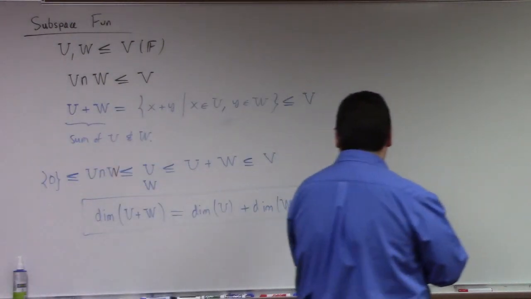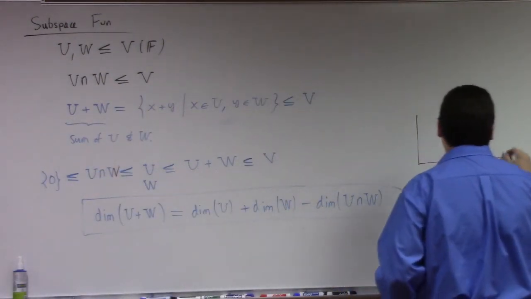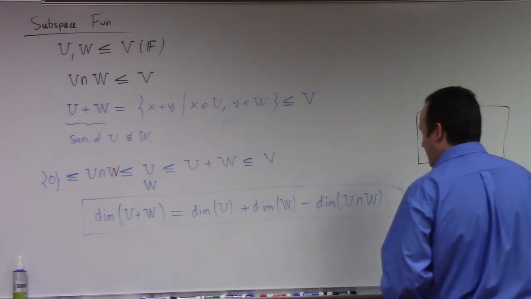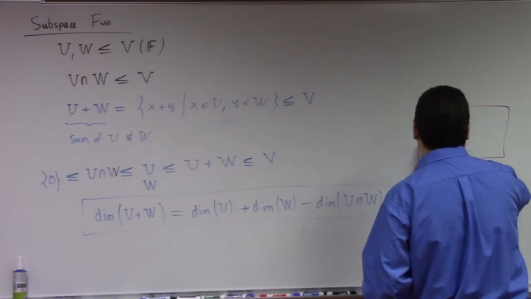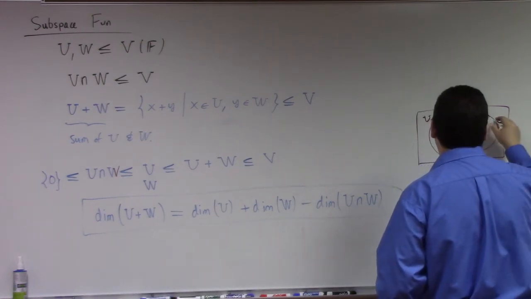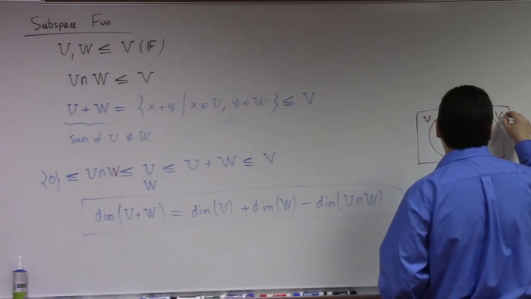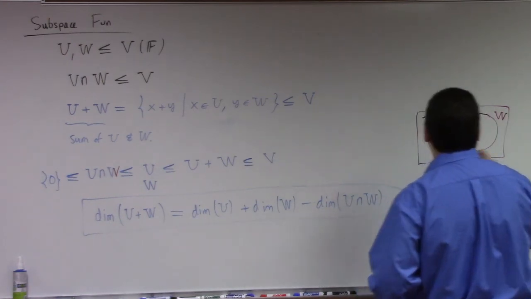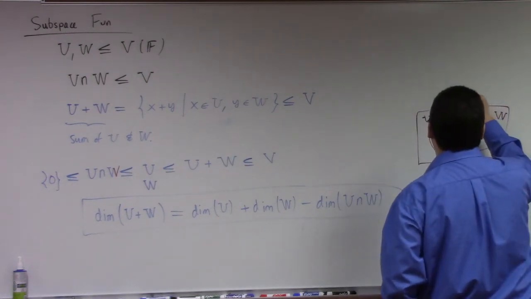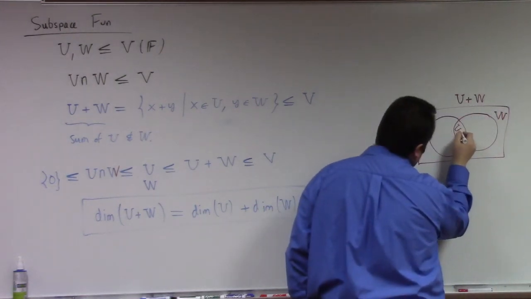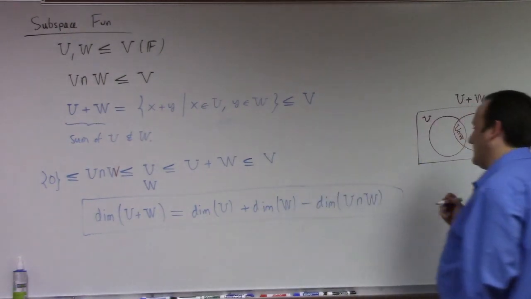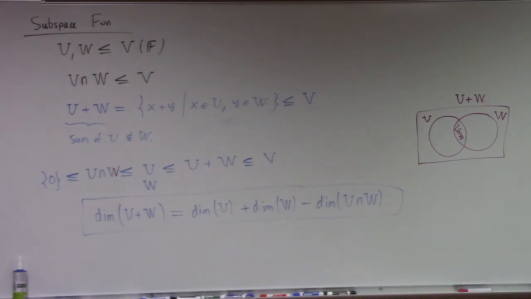You can draw a picture of this, which is a lie. So if we look at U, and we look at W, then if you add all these together, the whole space is U plus W. V's bigger still, but anyway, this is U intersect W. So you can kind of see this formula making sense.